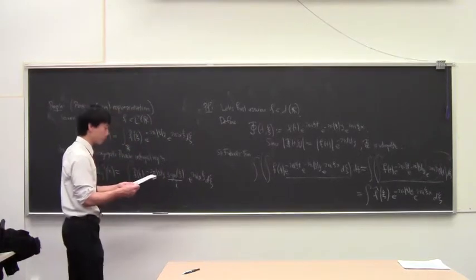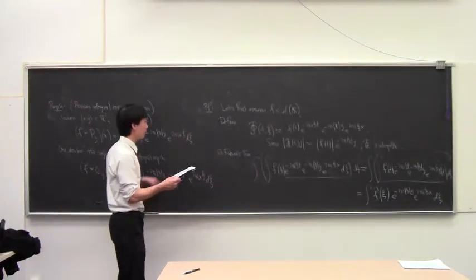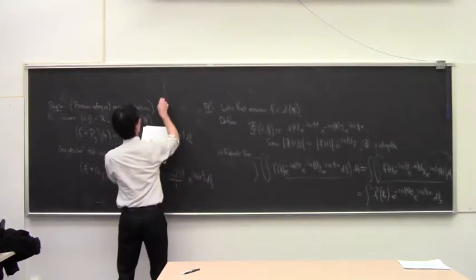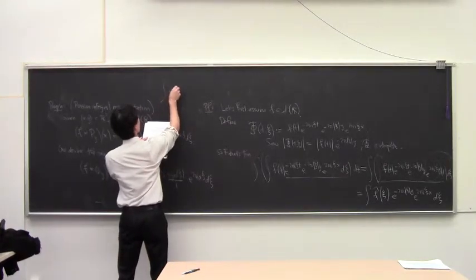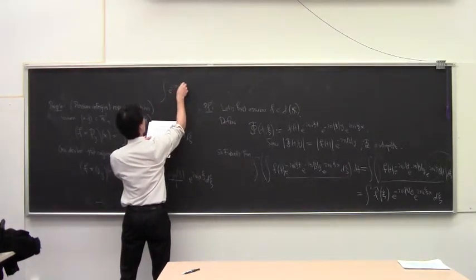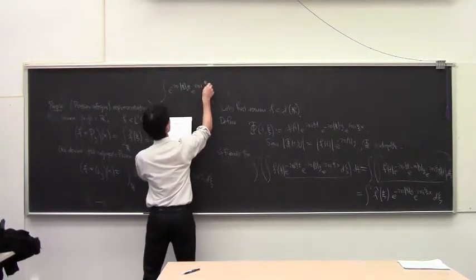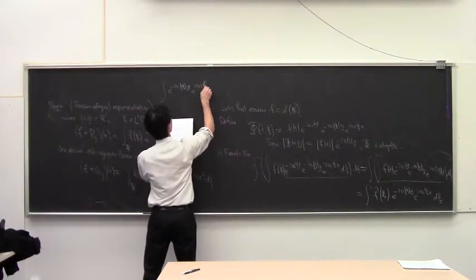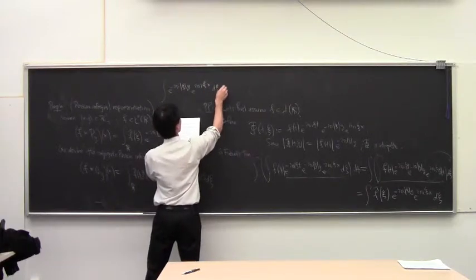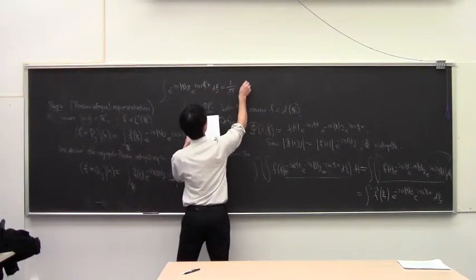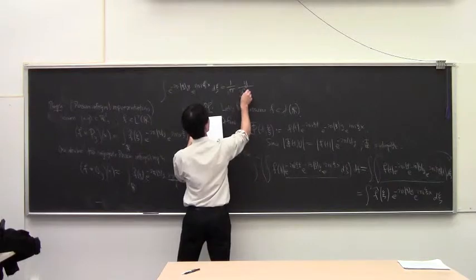It's from the first formula. We have this formula: the integral of e to the negative 2 pi c y, e to the 2 pi i c x dc equals 1 over pi times y over y squared plus x squared.